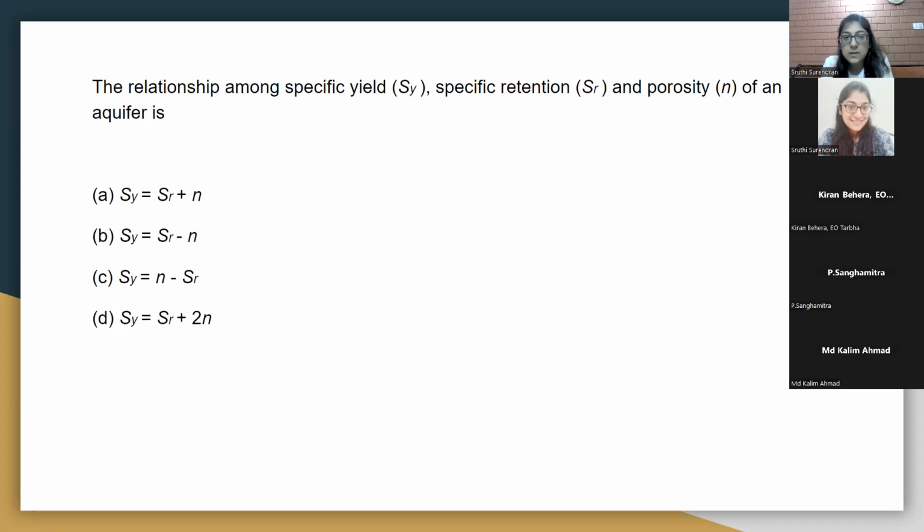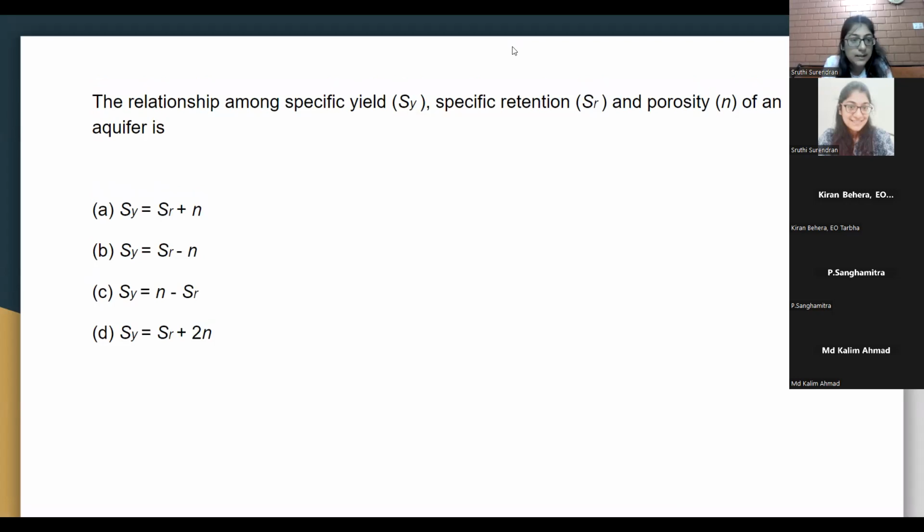Now, the relationship among specific yield, specific retention, and porosity. Jahid says it's A. I thought this would be a very simple question.